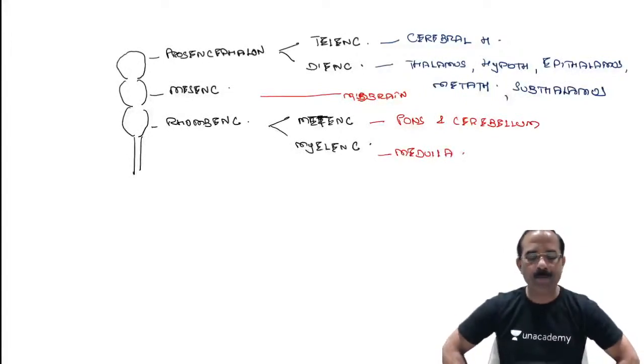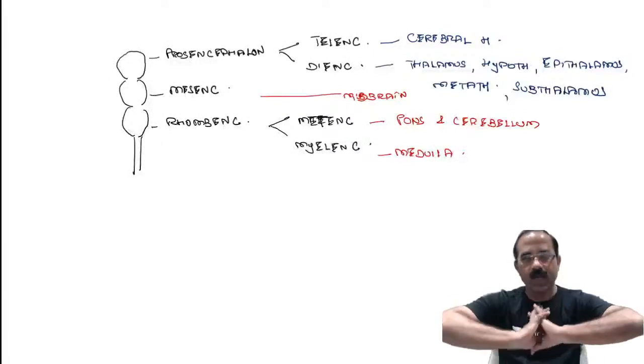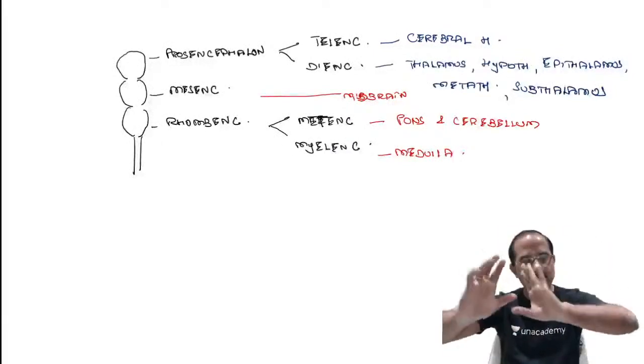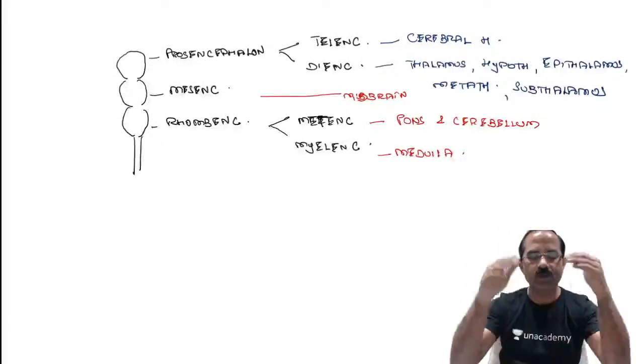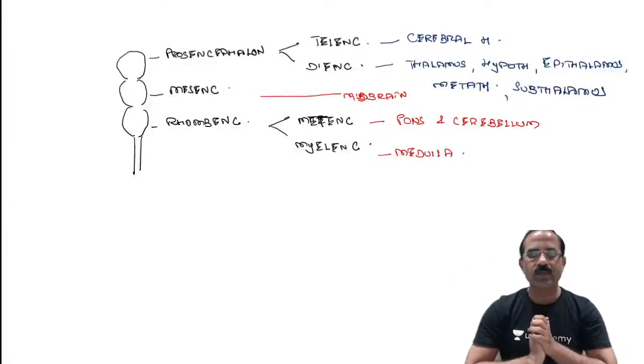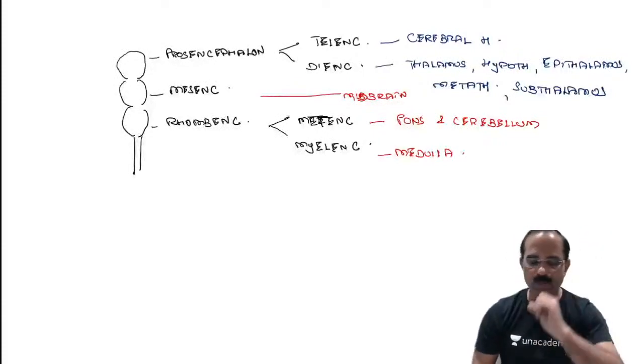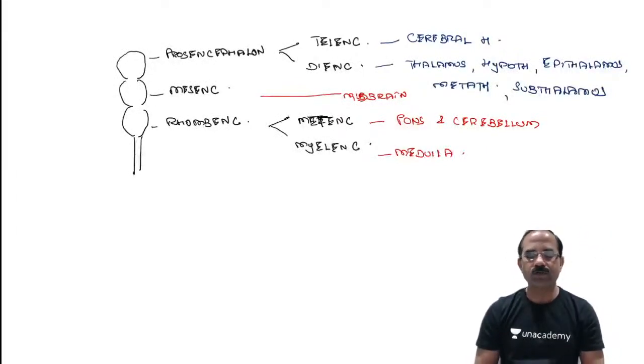So understand it like this: the prosencephalon divides into the telencephalon and diencephalon. The telencephalon forms the cerebral hemispheres. What is the cavity of the telencephalon known as? The lateral ventricle.